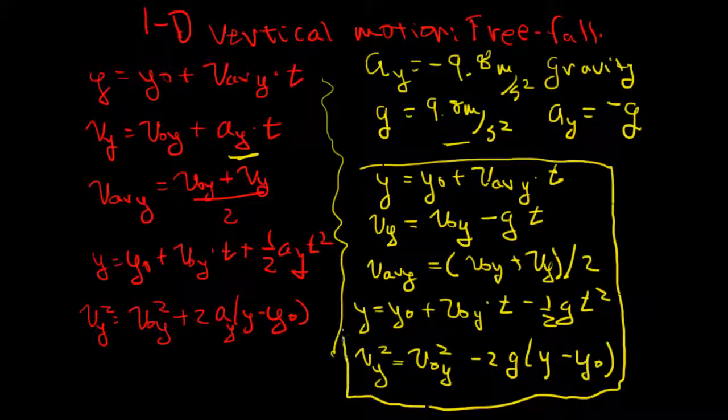You might just want to write these down unless you can just remember that simple substitution. They look exactly like our other equations, except I've replaced the x's with y's, and I've replaced the a sub y with minus g.